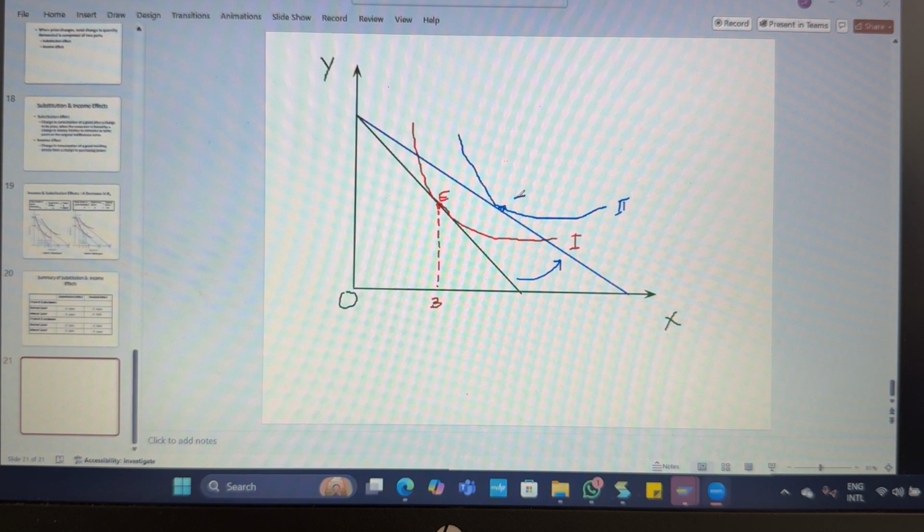And this is the new equilibrium point. At this new equilibrium point, suppose that consumers increase their demand to 12. But these numbers are hypothetical, and I am not measuring the x-axis.